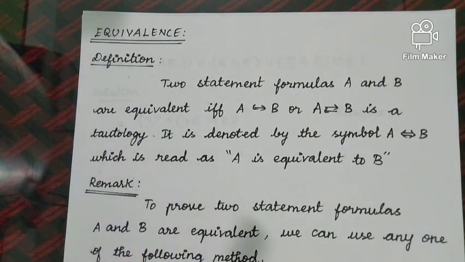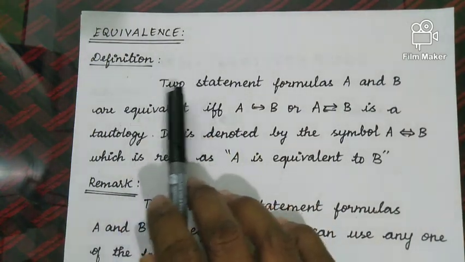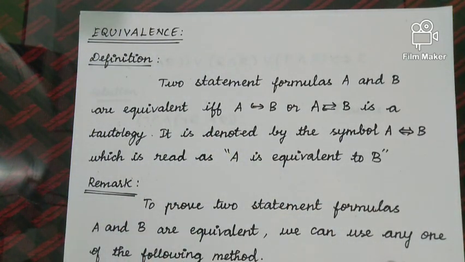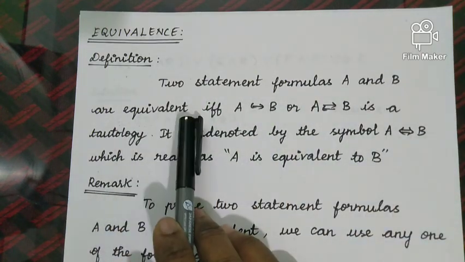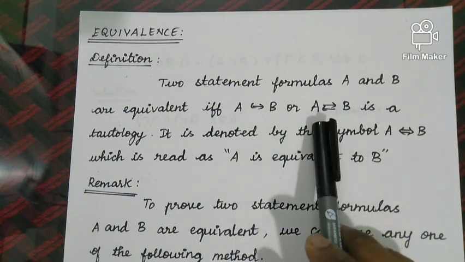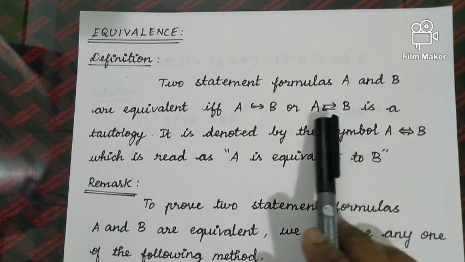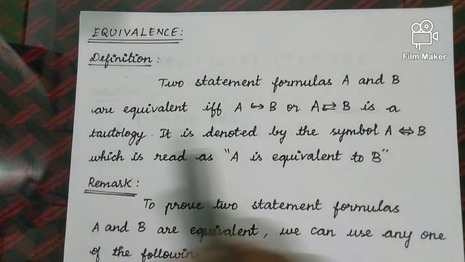Then the next important definition under this topic is equivalence. When can we say that two statement formulas are equivalent? Two statement formulas A and B are equivalent if and only if A biconditional B, that is the two-sided arrow, is a tautology.